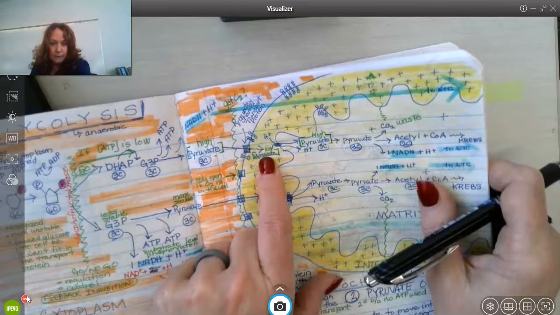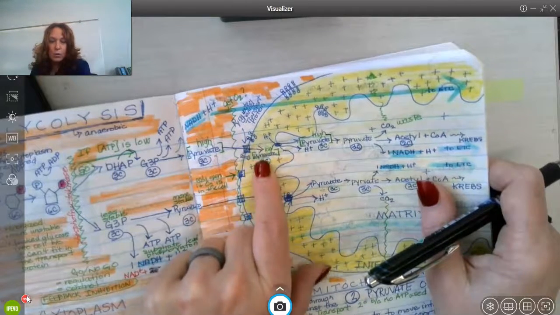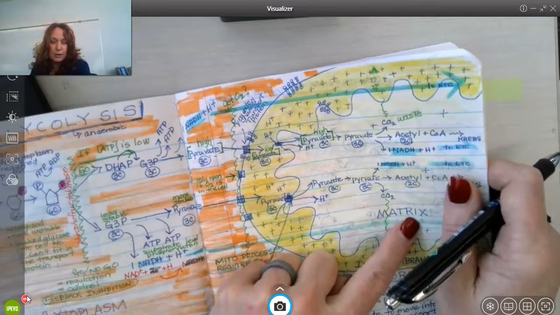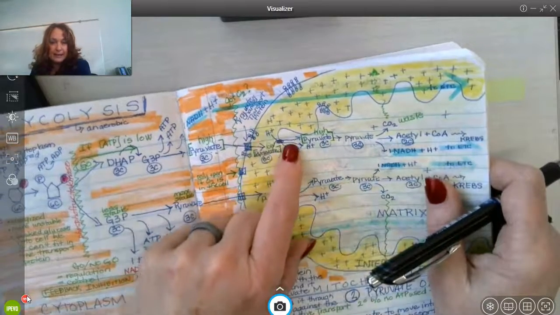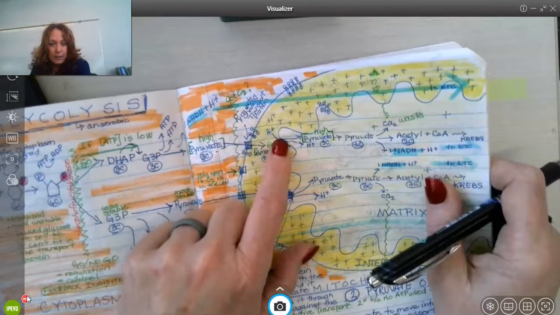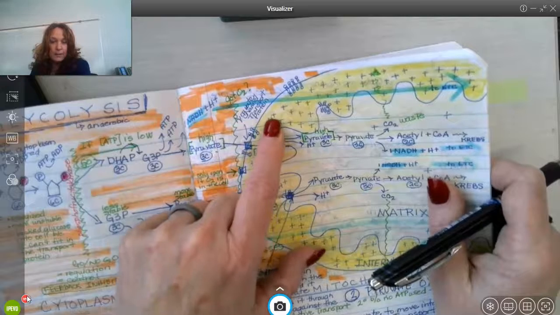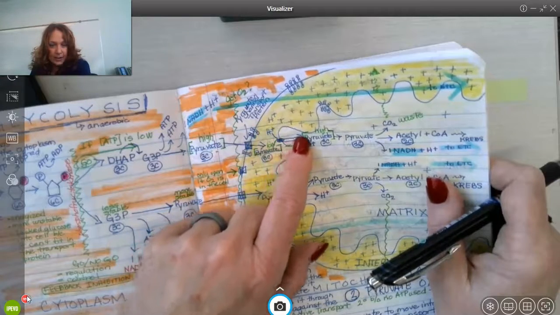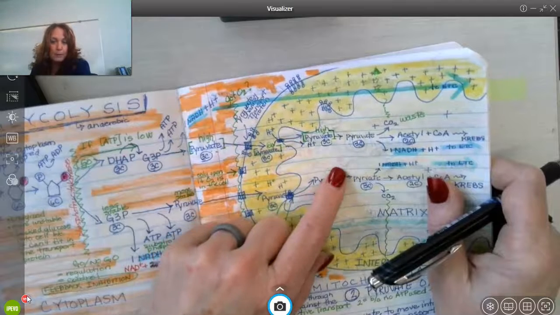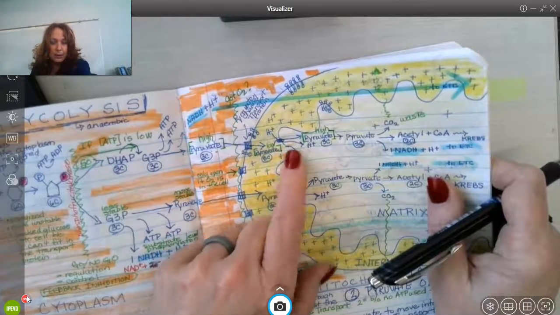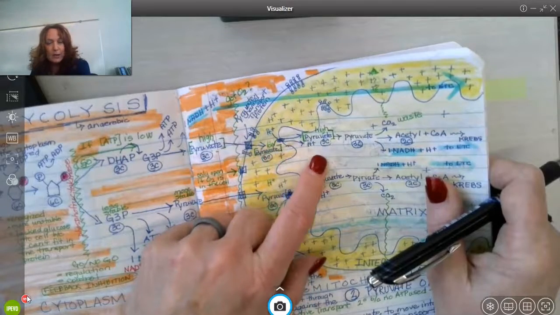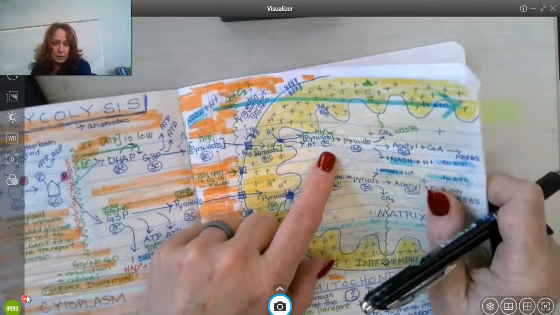Pyruvate, however, will not. There's a low concentration of pyruvate here and a high concentration in the matrix. So a symport is going to use that momentum, that energy that the hydrogen ion has as it moves physically into the matrix according to its concentration gradient, and it takes that energy and allows pyruvate to move against its concentration gradient.